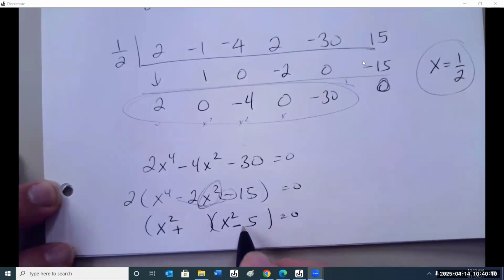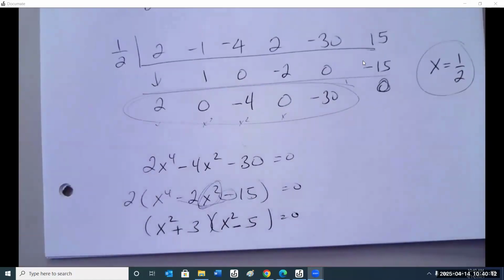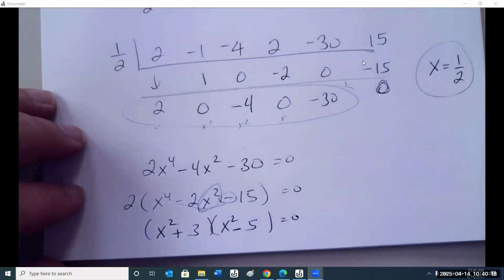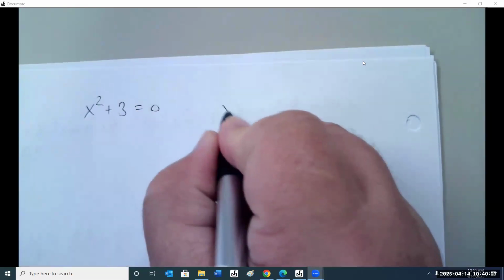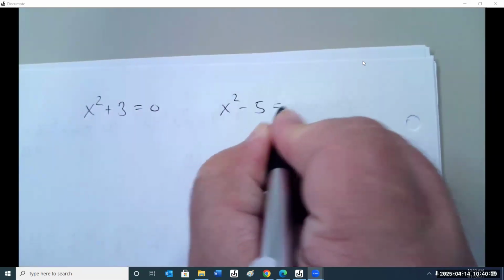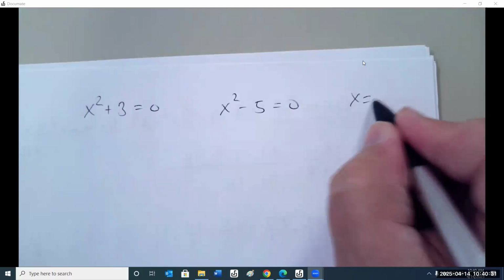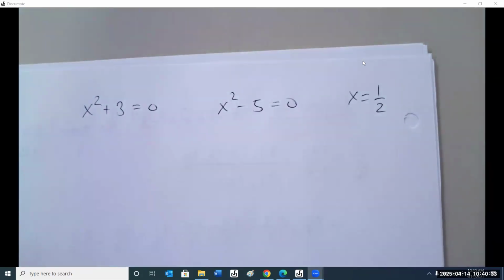So it's 5 and 3. So we have x squared plus 3 and x squared minus 5. Because we already know that 1/2 is one of our solutions.